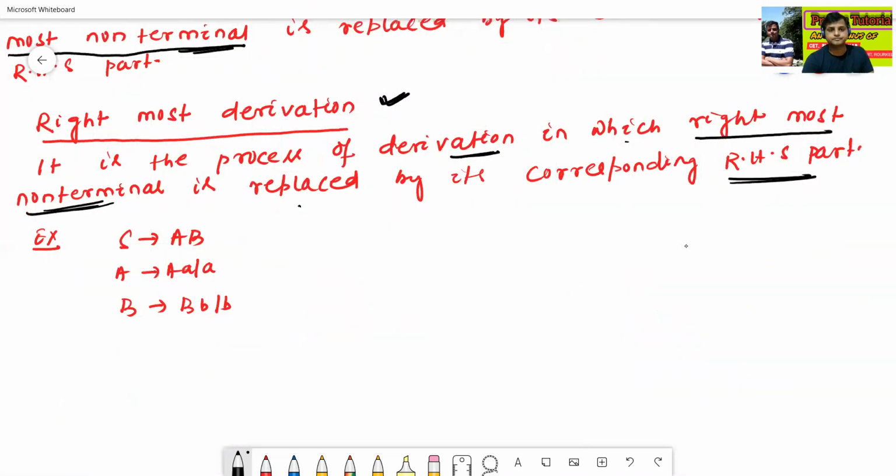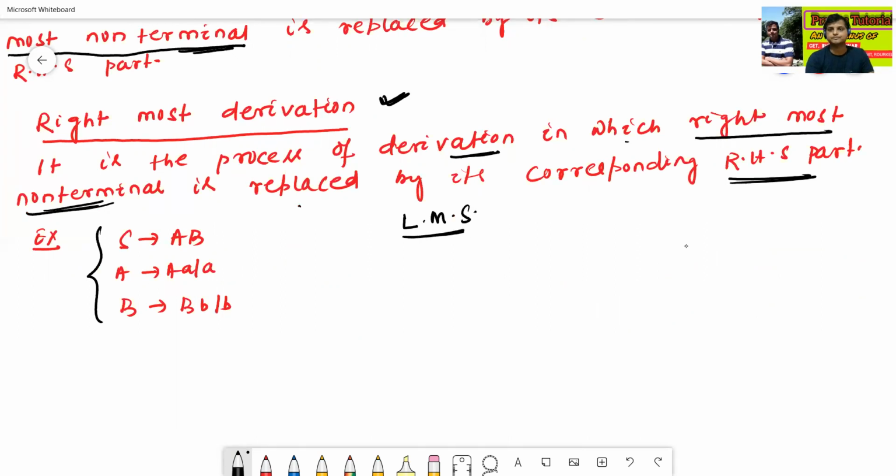Here this is an example of a grammar. Now we'll try to understand the meaning of leftmost derivation and rightmost derivation. First we'll discuss leftmost derivation.